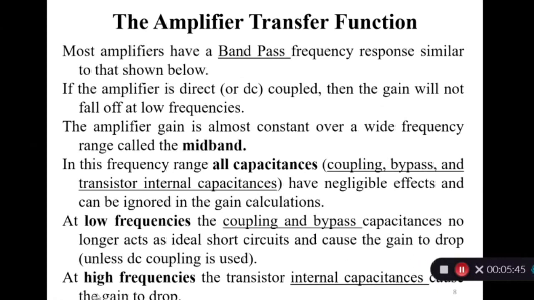Opposite to this, at high frequency, the transistor internal capacitors cause the gain to drop. So at low frequency, in today's lecture, we have to take care of the coupling and bypass capacitances. At high frequency, we have to take care of the internal capacitances of the transistor, BJT or MOSFET.